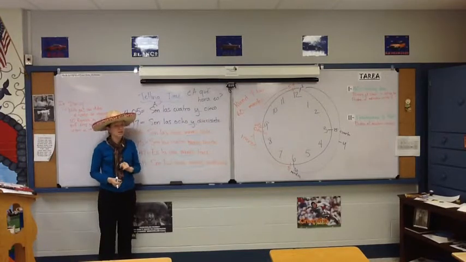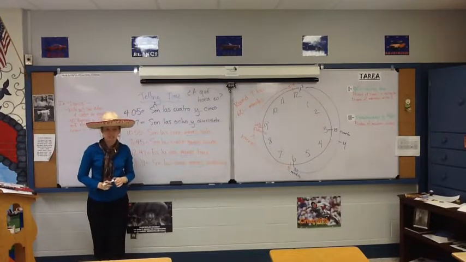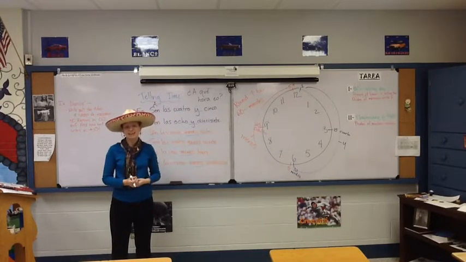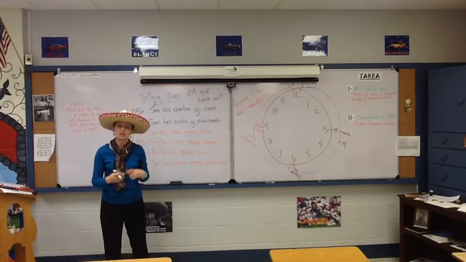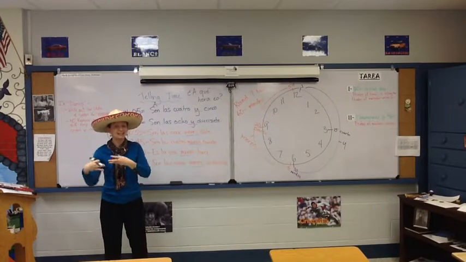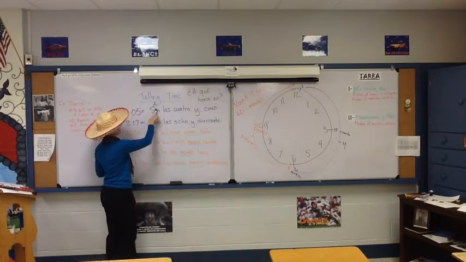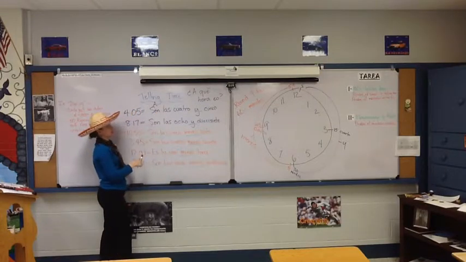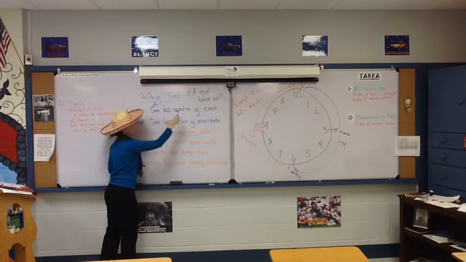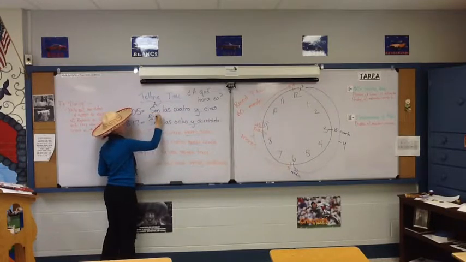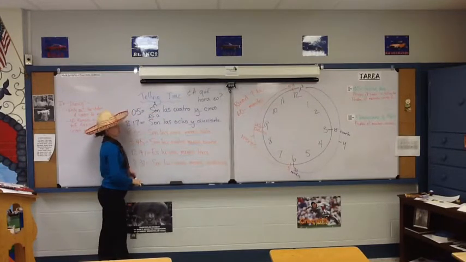But be careful with that because it's not a complete sentence to say at 4:05. If you want to make that a complete sentence, then you need a verb in front to say it is at 4:05. So that would mean instead of saying son las 4:05, you could say es a las 4:05.